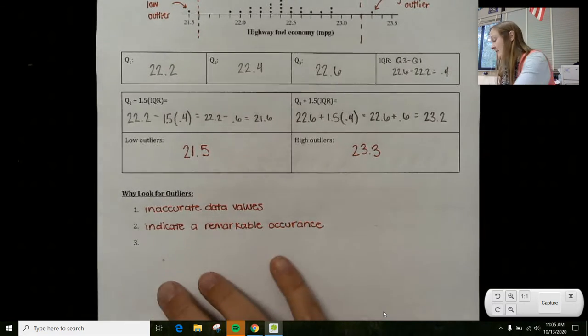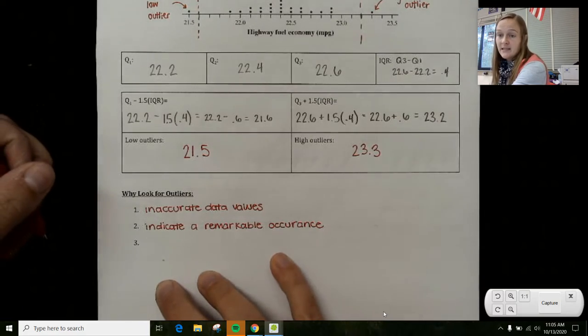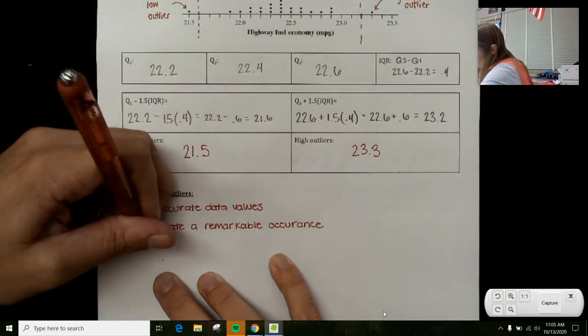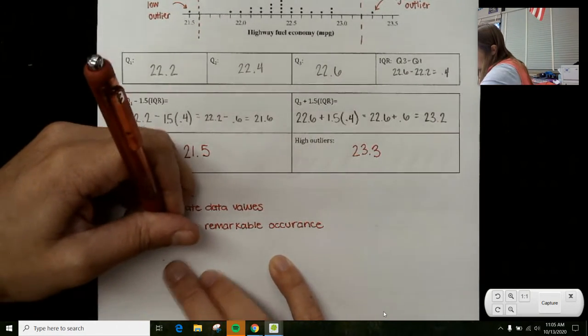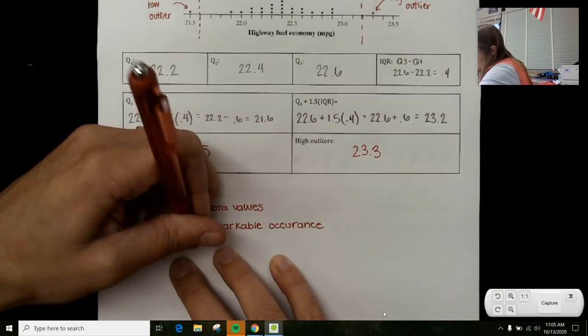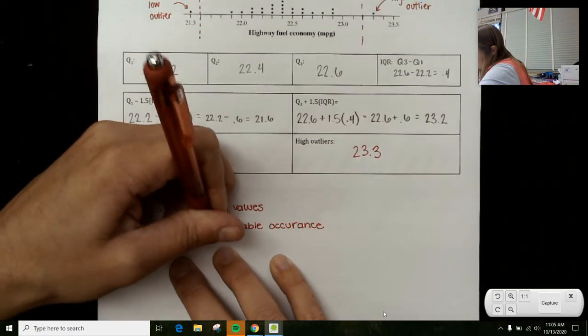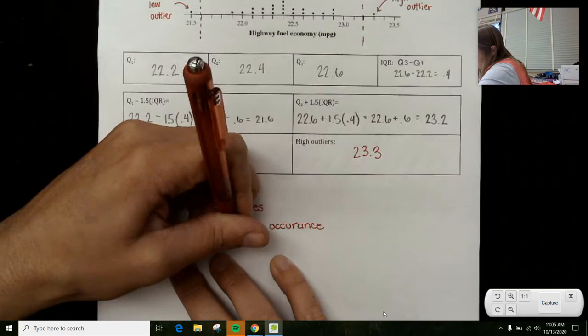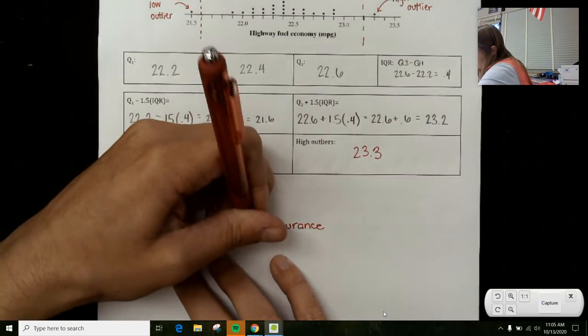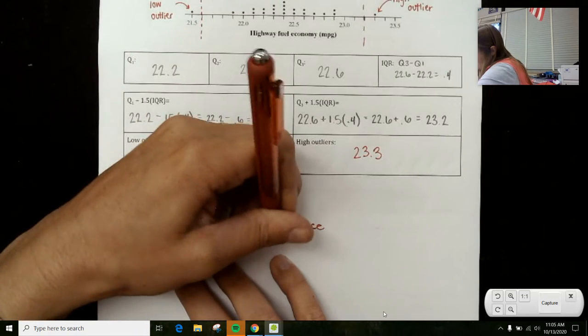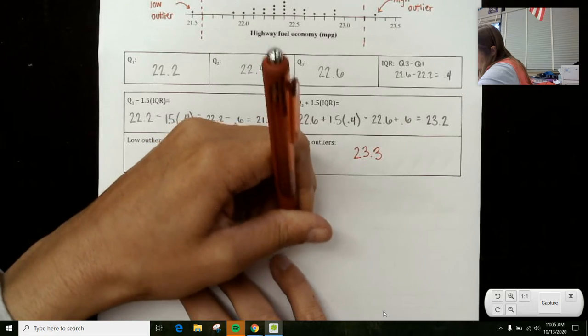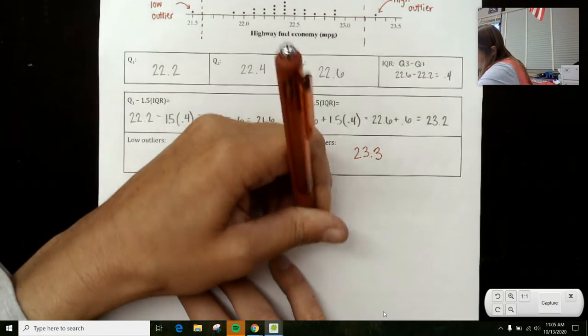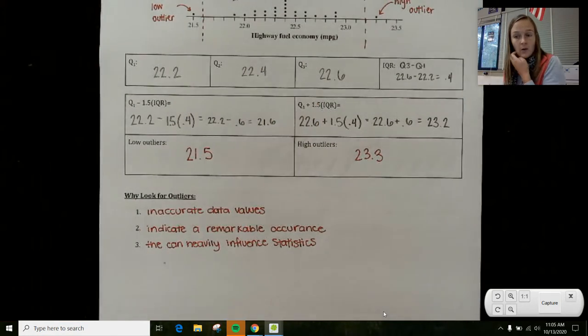And lastly, they can heavily influence statistics. Now, what I mean by this is, say I'm trying to get some statistics about a test I gave.